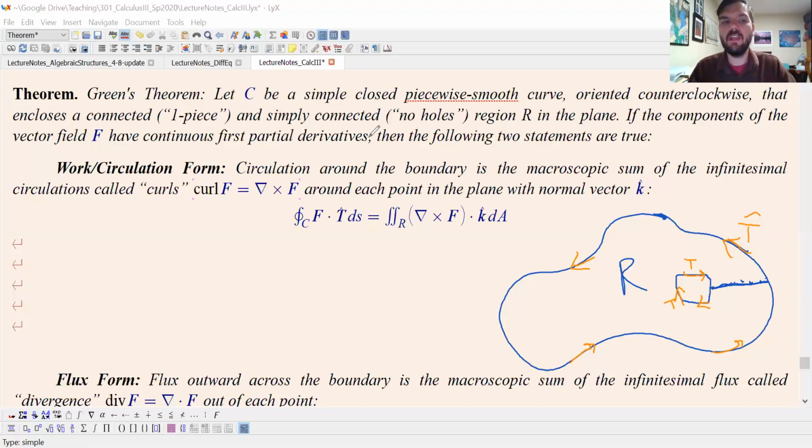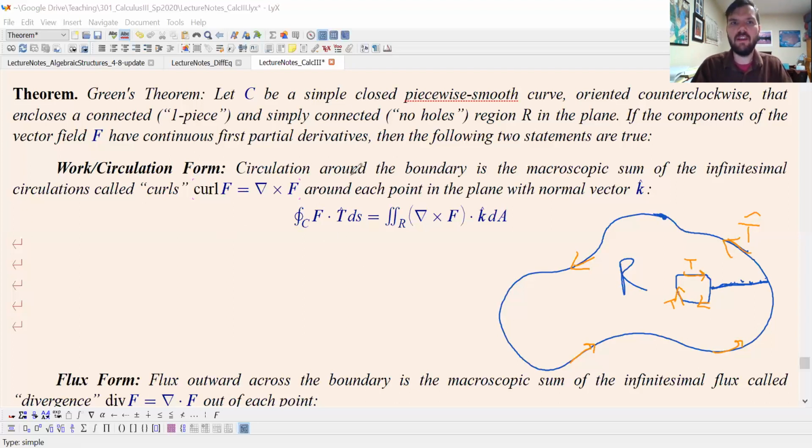And so that's how we fix a problem that has a hole in it. If there's a hole, we try to cut through, we can break it up, but then you say, well, it has to be connected. Well, it's okay, as long as those two edges are right next to each other.